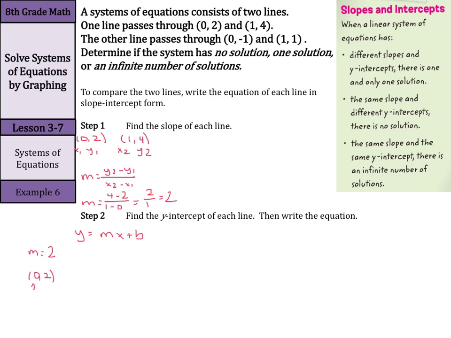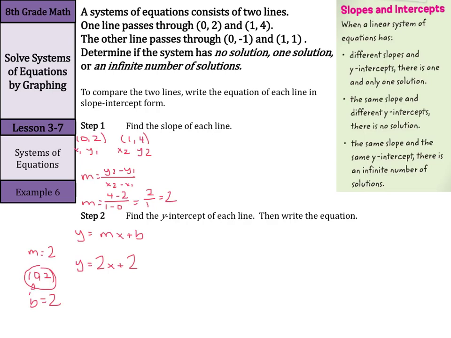Well, we already have that. X is 0, so our y-intercept b is going to be 2 because it crosses the y-axis at (0, 2). And so we can write this equation as y equals 2x plus our b of 2, again because we're given the y-intercept there at (0, 2).